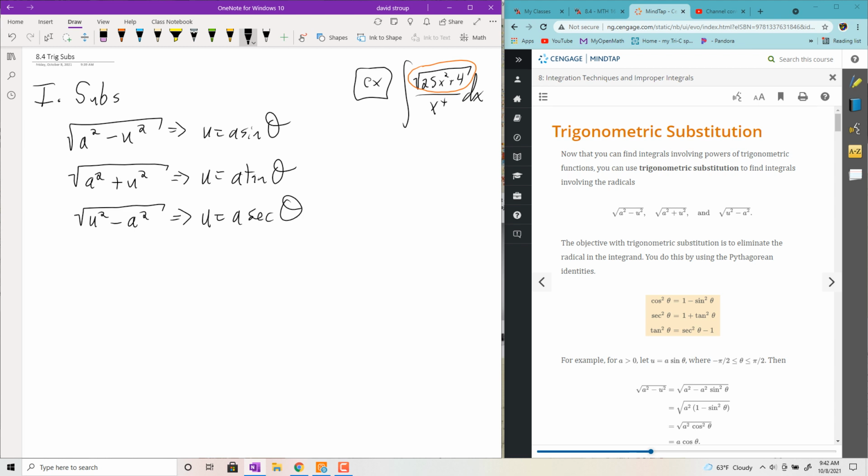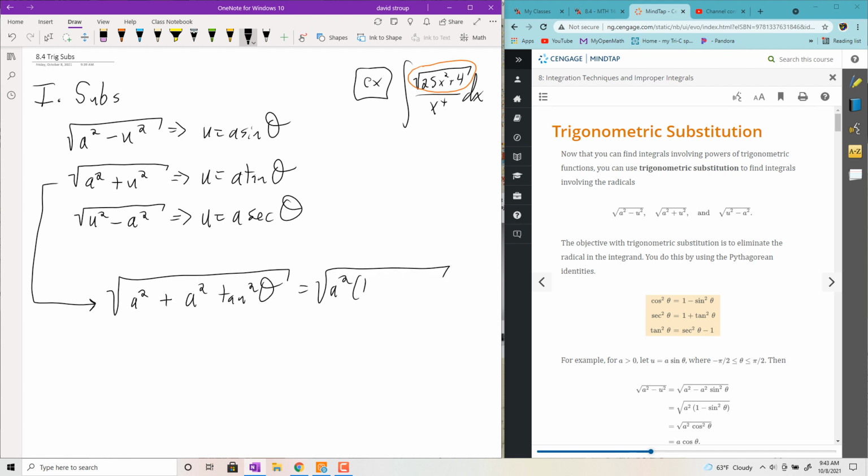And there's a method to the madness, right? Note for the second one, it aligns with the Pythagorean identities, so there's a nice cancellation. For example, if you substitute in that u value, you'd get the square root of a squared plus a squared tan squared theta. Then you could rewrite this as the square root of a squared times 1 plus tan squared theta.